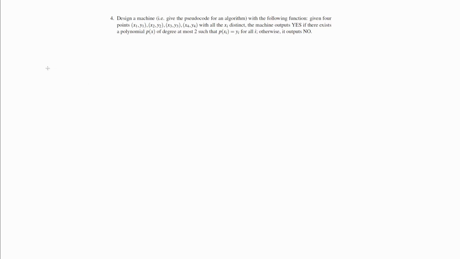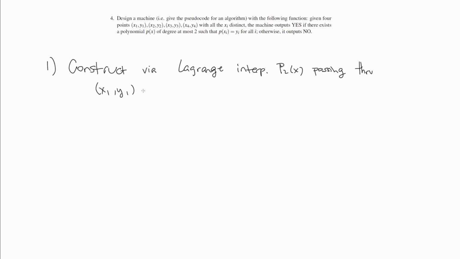So we can construct via Lagrange interpolation a degree 2 polynomial P2 of x that passes through (x1, y1), (x2, y2), and (x3, y3).